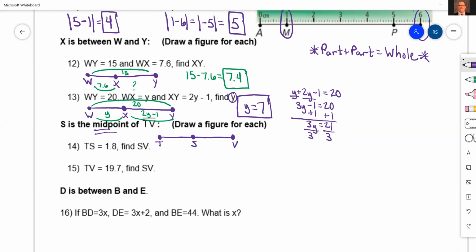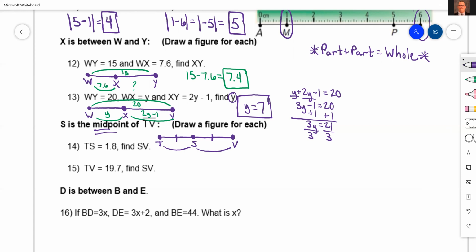If it's in the middle, what does that mean about the distance from T to S and S to V? Without knowing anything else, if S is in the middle, what can we say about those distances? They're congruent, they're equal. So let's mark that.